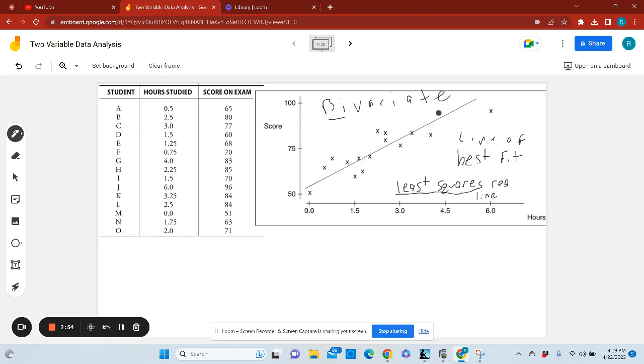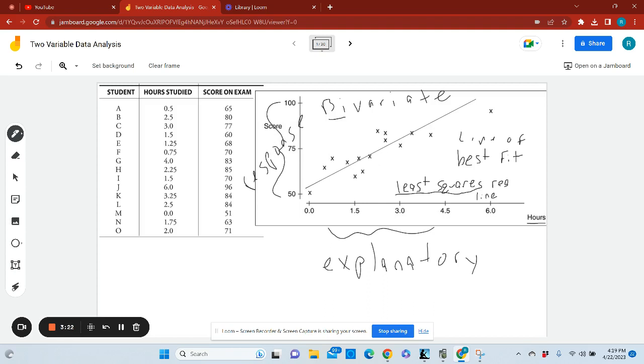And what we can do with the least squares regression line is we can take inputs for what we call the explanatory variable. So that would be the variable down here on the x-axis, right? We would call this explanatory. And we can use it to make predictions about the response variable, right? So the response variable is what's going to be on the y-axis, okay?